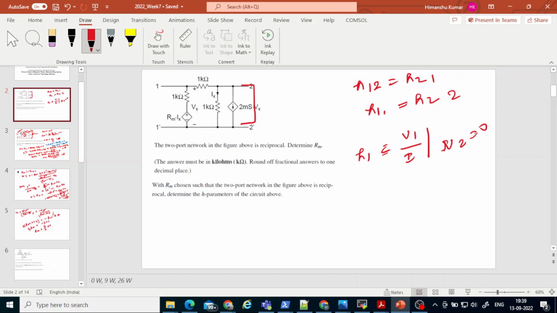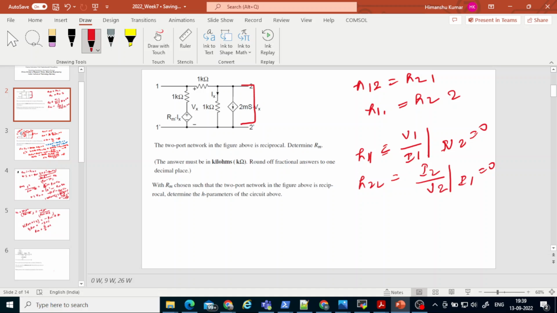So our h11 is V1 by I1 provided that V2 is 0, and h22 is I2 by V2 provided that I1 is 0.